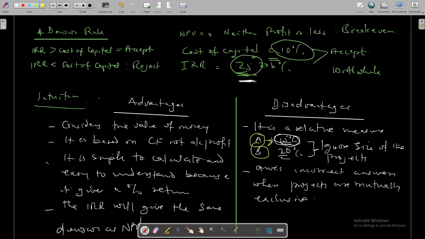Another disadvantage is that the internal rate of return does not indicate how much an investment will add to the company. It does not indicate the value that will be added to shareholders' wealth.